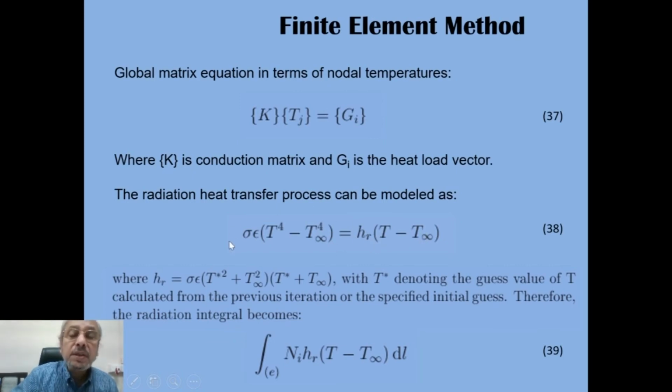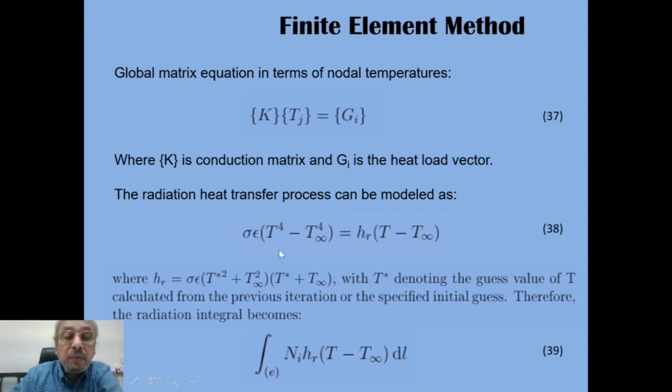The radiation is calculated this way. These are the properties. Emissivity is the surface property, sigma is the Stefan-Boltzmann constant, and then the fourth power of the temperature difference. But we can model this way. If we model this way, then HR, the radiative heat transfer coefficient, will be defined.